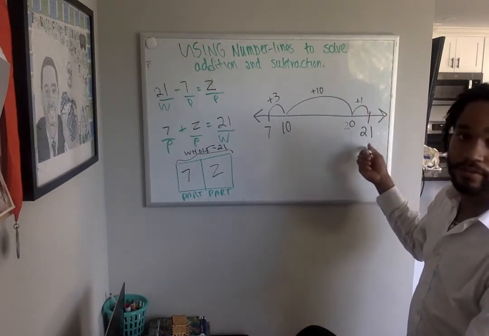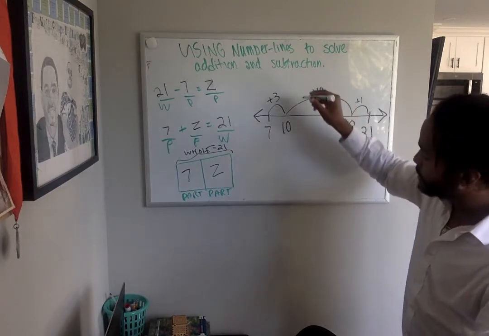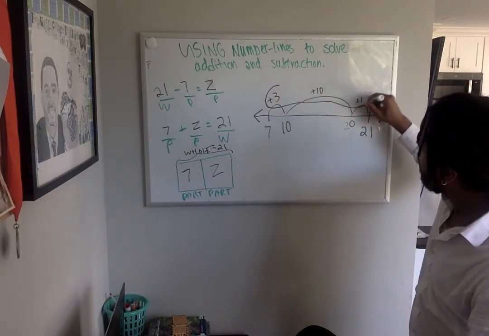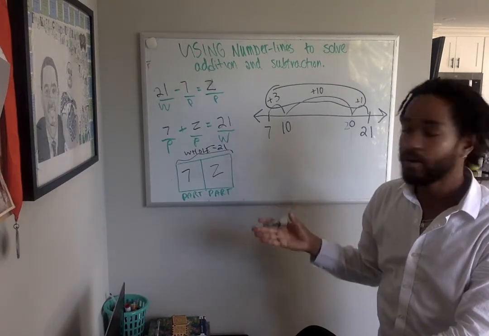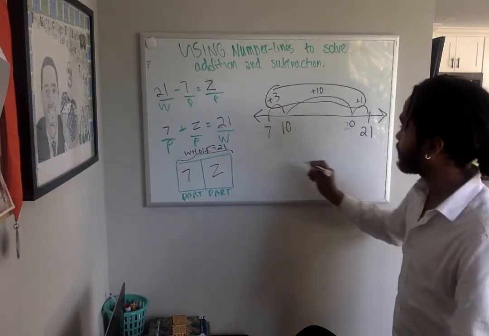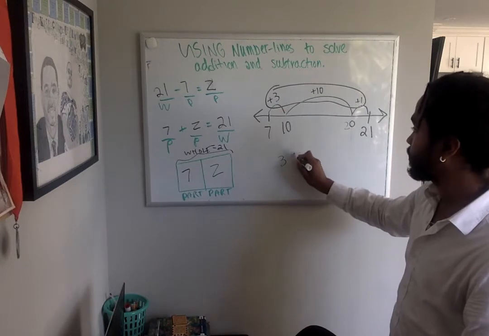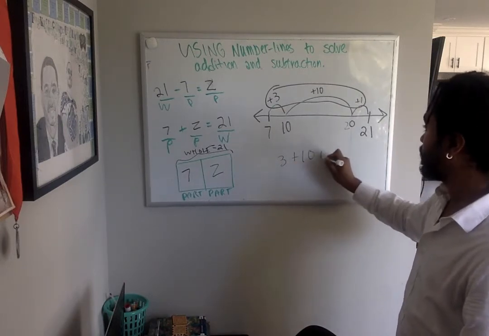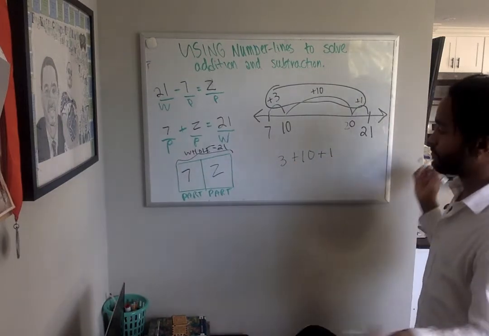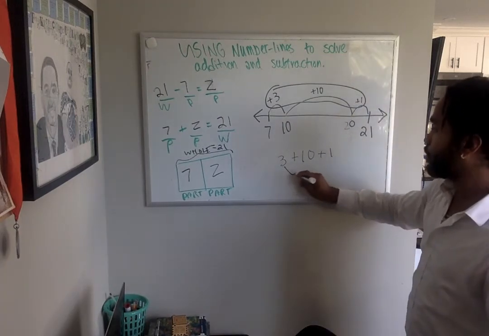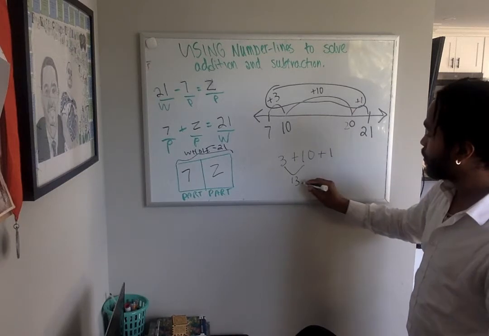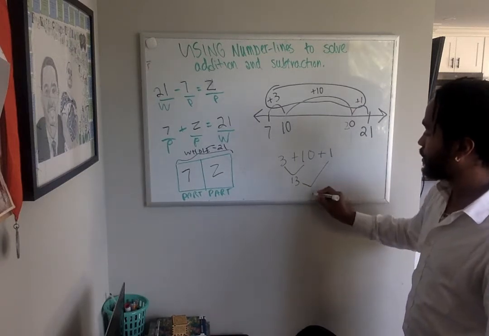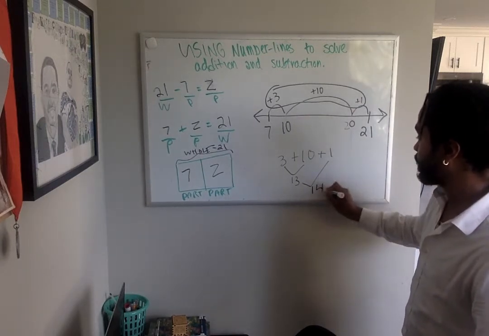I'm at 21. So this up here will let me know what that unknown part is, what Z is. 3 plus 10 plus 1. 3 plus 10 is 13. 13 plus 1 is 14.